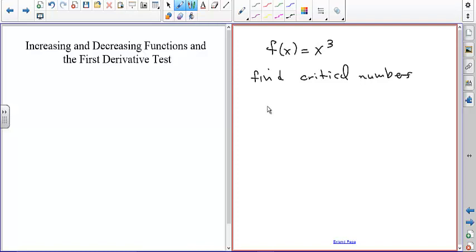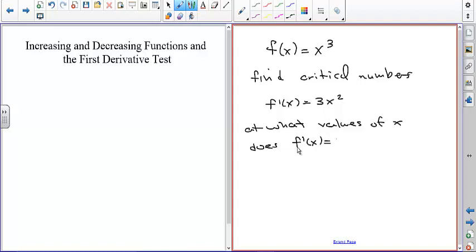So the first thing we do when finding critical numbers is take the derivative. So you get 3x squared. Okay, so we'll ask, at what values of x does f prime of x equal 0 or is f prime of x undefined?